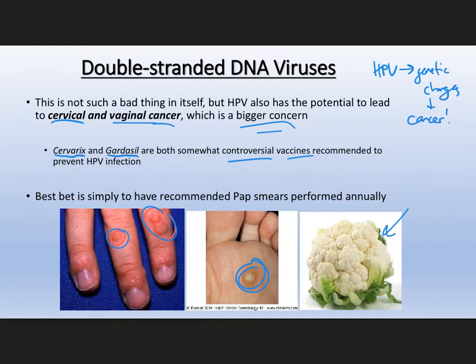Now, the reason this becomes controversial is because doctors are asked to suggest this to parents as early as age 12 in their kids. And as the public has learned more about this, it's probably a little less controversial. When it first came out, the doctor comes into the room and says, "Hi, Mom and Dad, I think that your daughter should have this vaccine." And they say, "Okay, what's that for?"